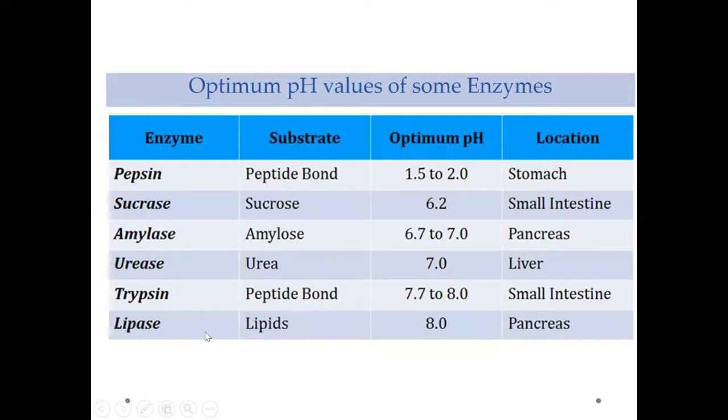And trypsin and lipase are enzymes of the gastrointestinal tract, except urease, which is in the liver. Also pepsin is synthesized in our stomach, and as you know, HCl is secreted in our stomach, and that's why the stomach pH is strongly acidic, and this is the optimum pH for pepsin.